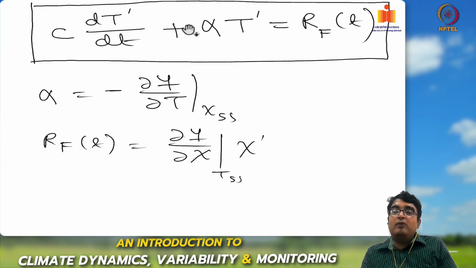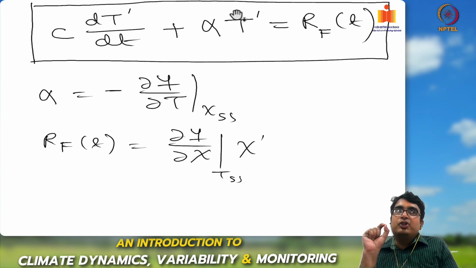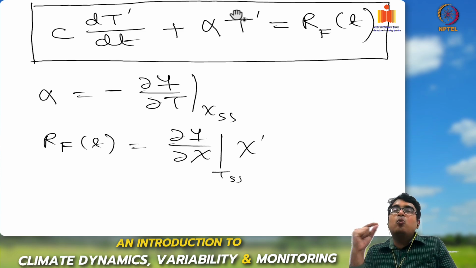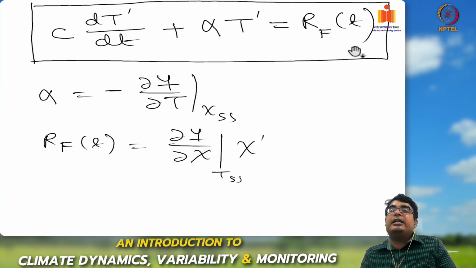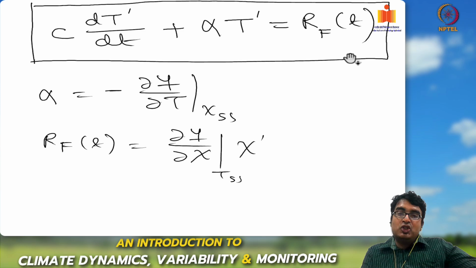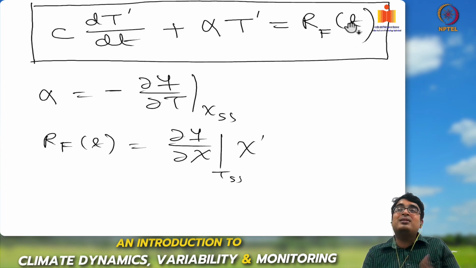So if we solve this, we will get the change in the temperature with time due to the radiative forcing. Okay. And this is what we want. How the climate system's mean temperature is changing with time due to a certain radiative forcing by a certain greenhouse gas. Okay.